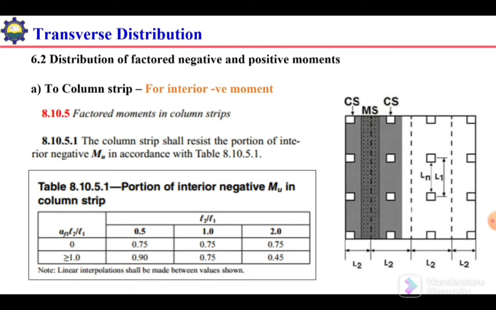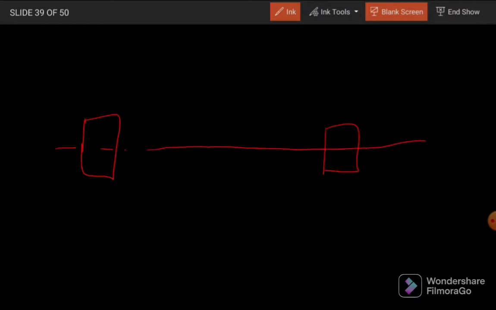Okay, next is distribution of factored negative and positive moments. So once we have calculated these moments, positive moment, negative moment, and negative moment.